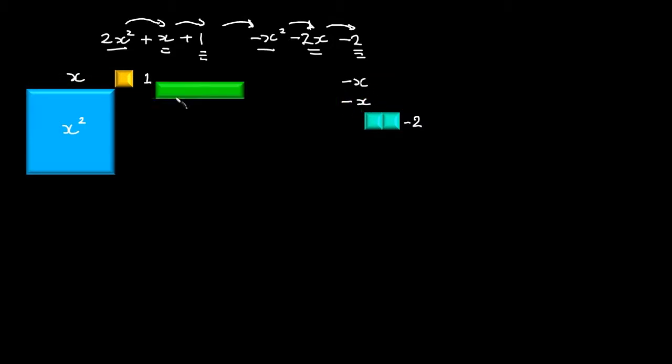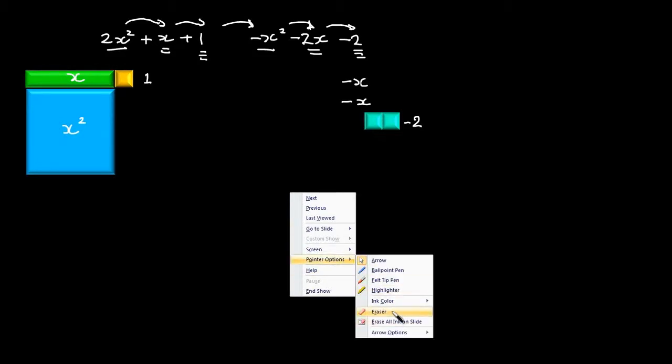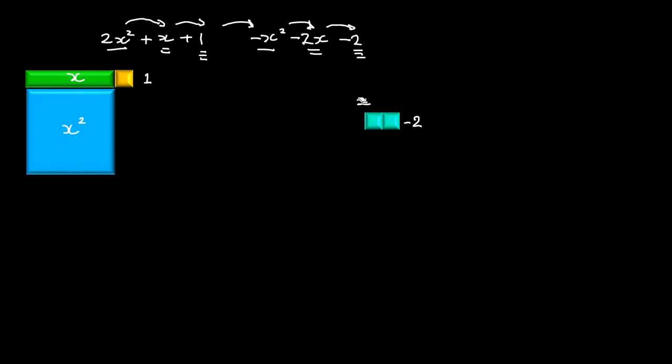And this one here is going to give us not an x, so that's incorrectly labelled at the moment. Let's just erase these labels over here. What we've got here now is a negative x, represented by this green. So it's no longer red, it's green, so it's a negative x. So what we've got is x squared minus x. And now we've got to complete the job by bringing these over to here.